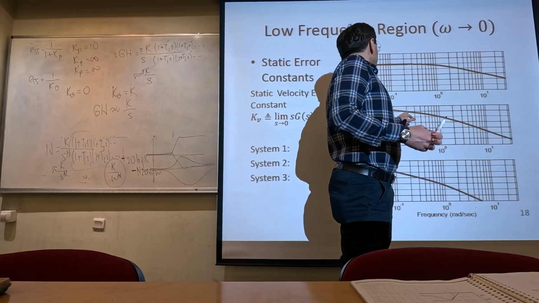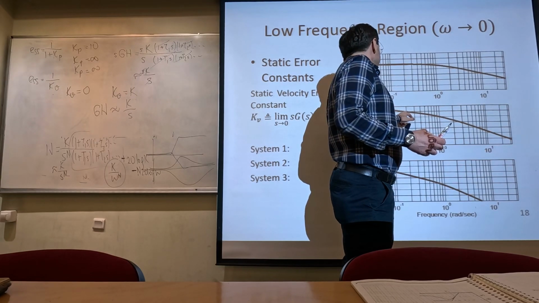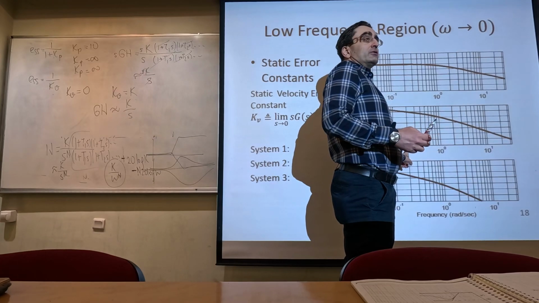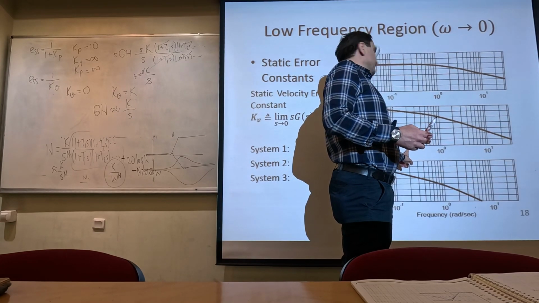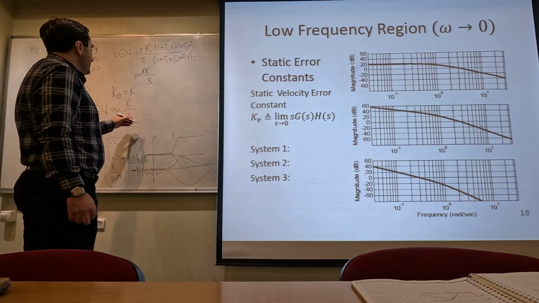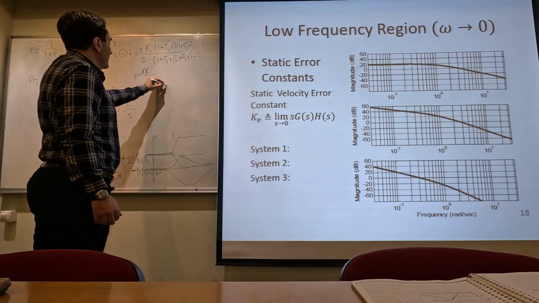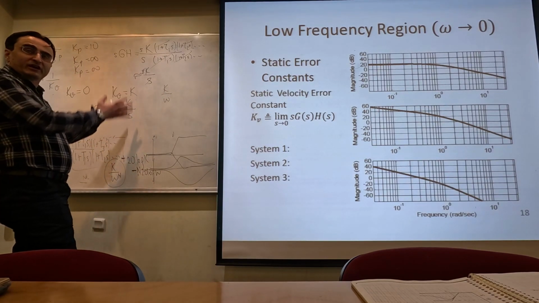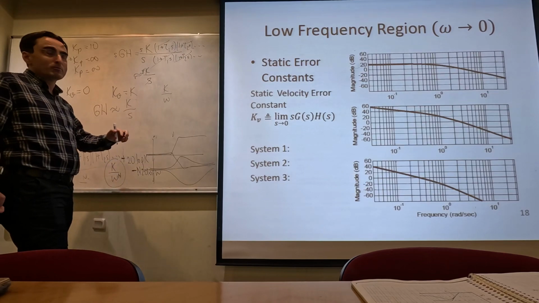On this grid, I see that at this low frequency, for example, this is 0.2, 2 times 10 to the minus 1. So the magnitude here is K over omega. When I substitute j omega here and take the magnitude, I get K over omega.